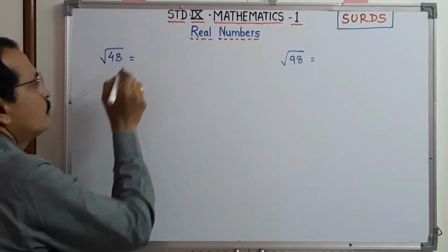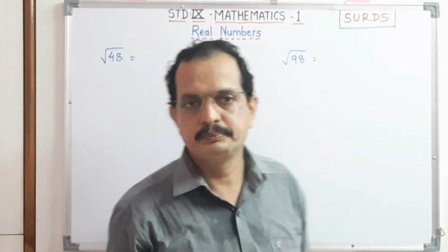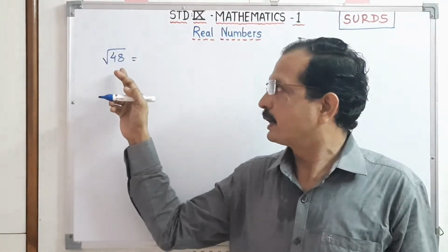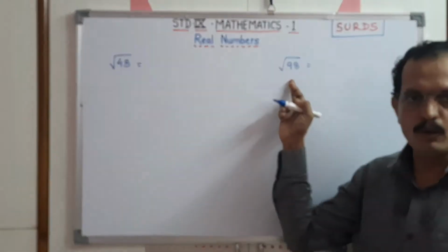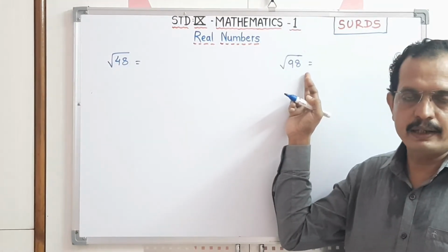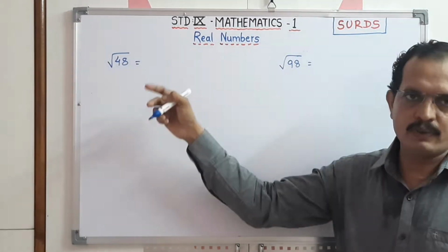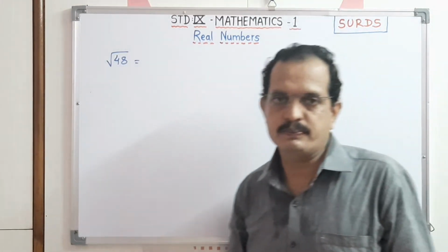Now these are the two surds. Can anyone tell me what is the order of the surd? Order of the surd is 2. Radicand is 48. Here order of the surd is 2. Radicand is 98.